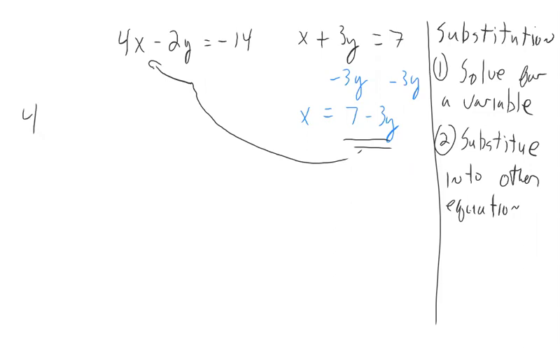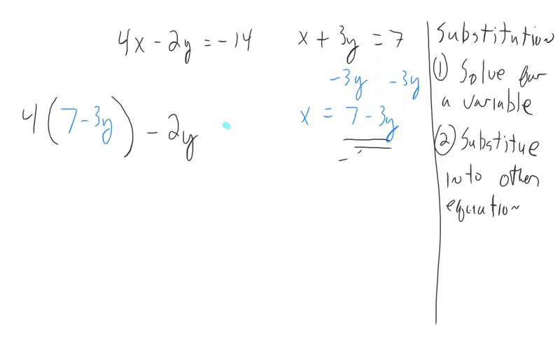So I get 4, parentheses, keep my colors consistent, 7 minus 3y, minus 2y, equals -14. Let me erase my line here. I'll call this my substitute.